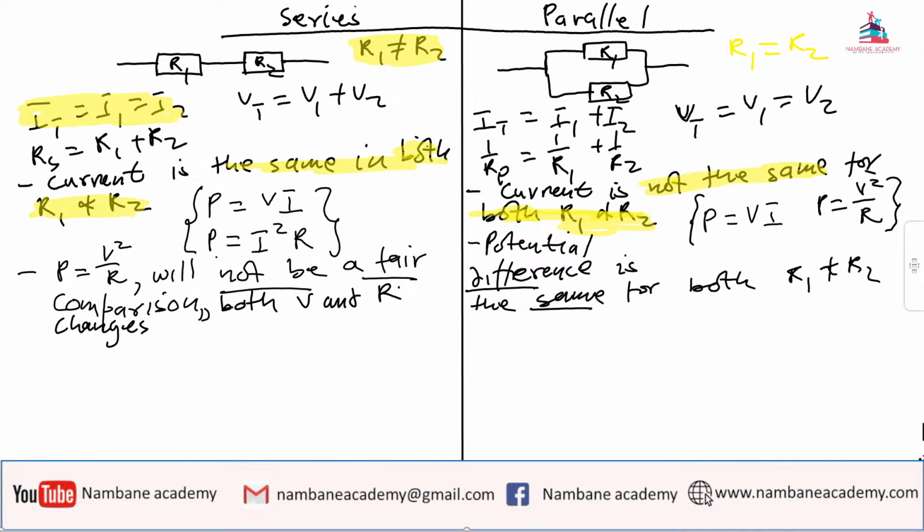The reason being, learners are still not getting it right. Compare the brightness of R1 and R2. Choose between increase, decrease, remain the same, something like that. And then it further says, explain your answer.